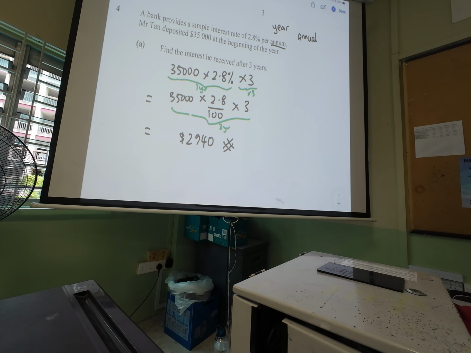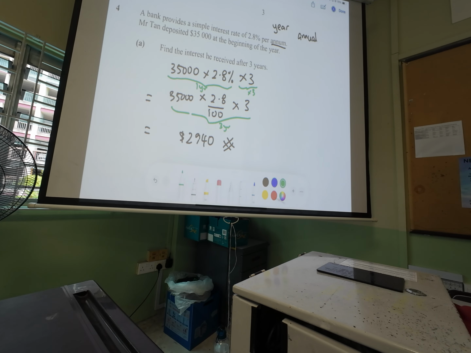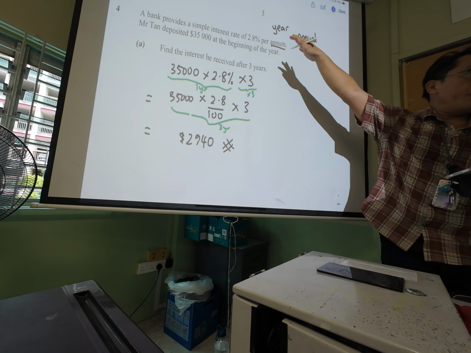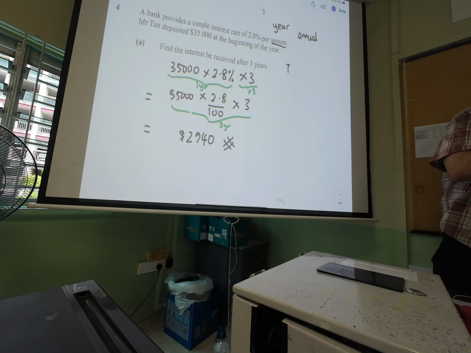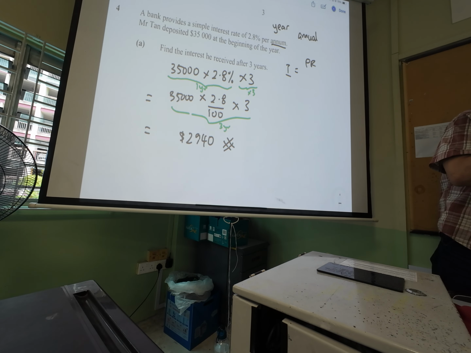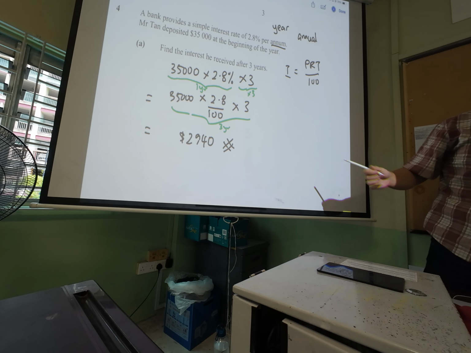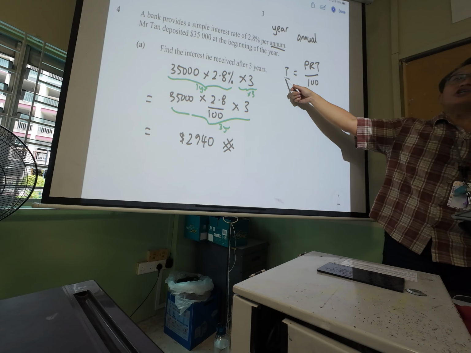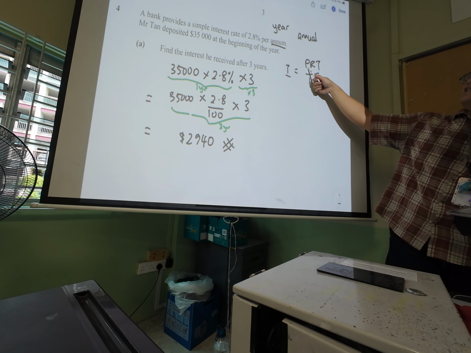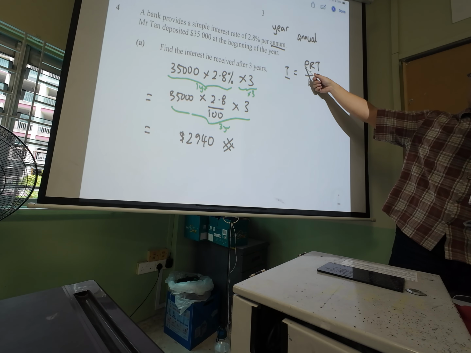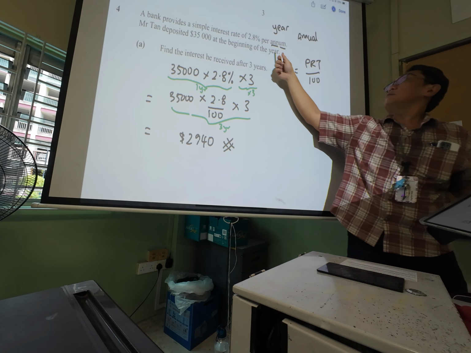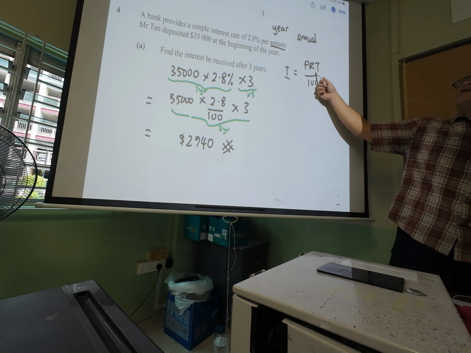Some of the teachers, they already teach you, or they already teach their class to remember a formula. Simple interest equals P R T over 100. Actually, it is exactly the same. I is interest, P is the principal. Principal means the original amount. R is your interest rate. T is how long.